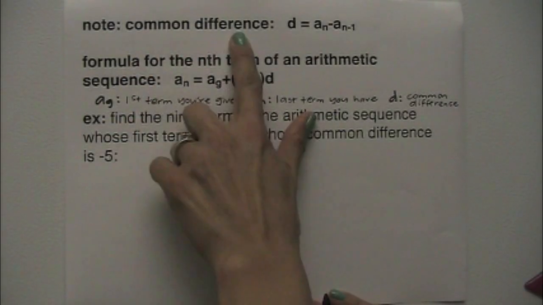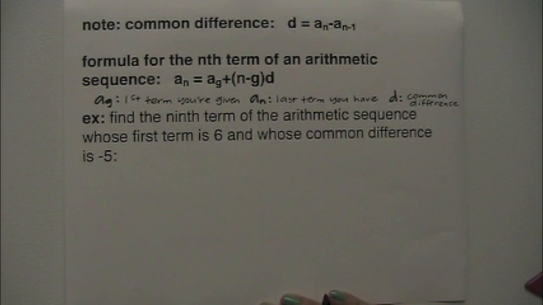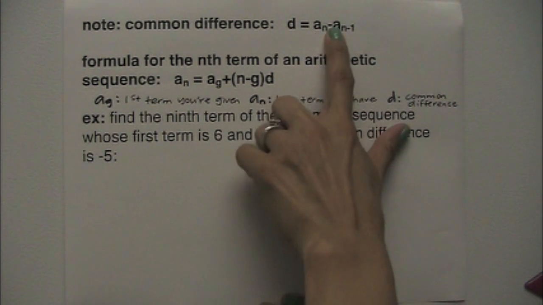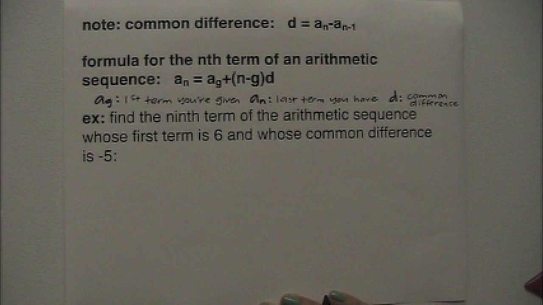It says, note, your common difference can be given to you as d equals a sub n minus a sub n minus 1. You're taking a term and subtracting the term before it, and that will give you that common difference.